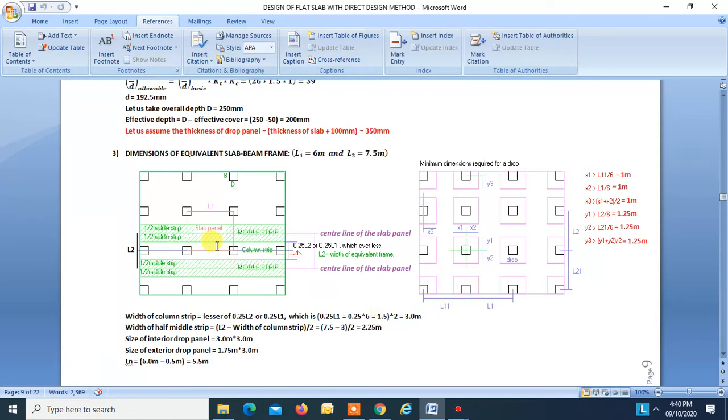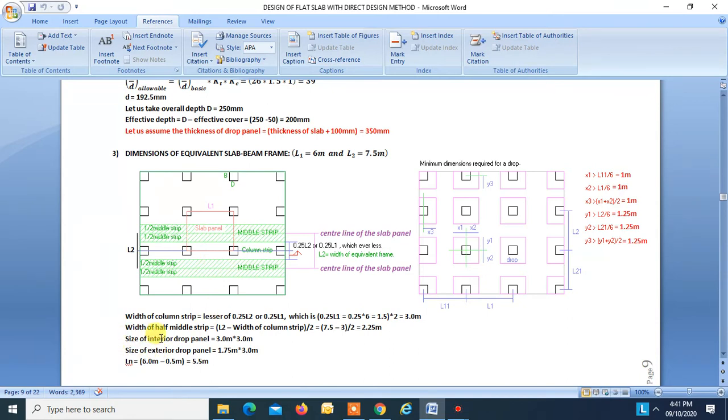So this is 1.5 meters plus 1.5 meters, into 2 is equal to 3 meters. So the width of the column strip is 3 meters. Now width of the middle strip is equal to L2 minus column strip, divided by 2, that is 2.25 meters. This is 2.25 meters and this is also 2.25 meters.